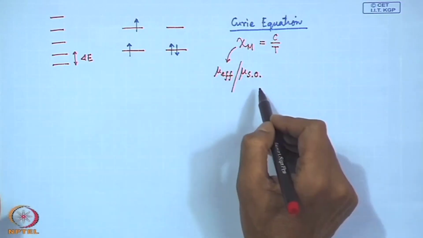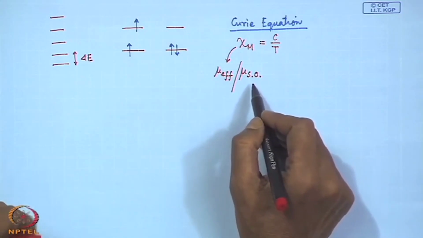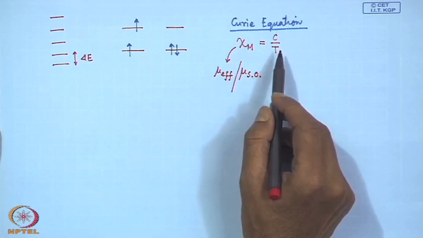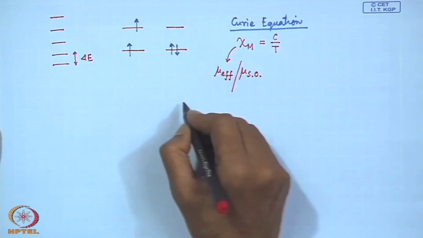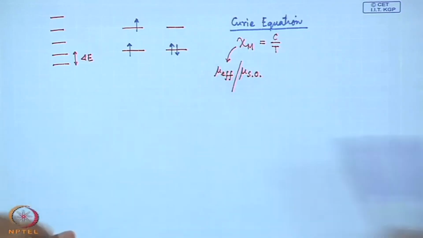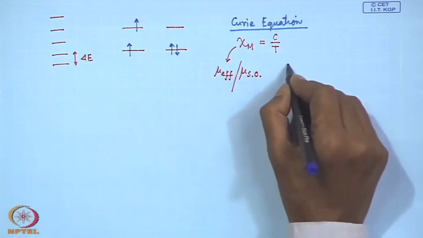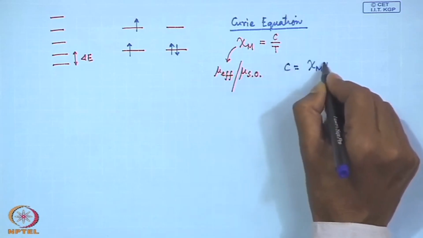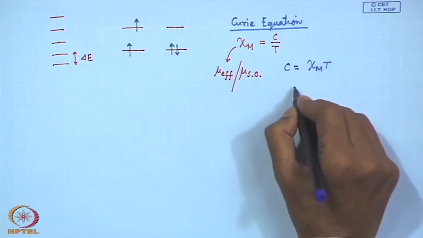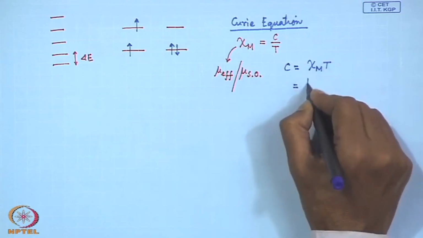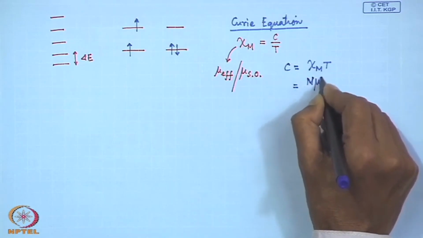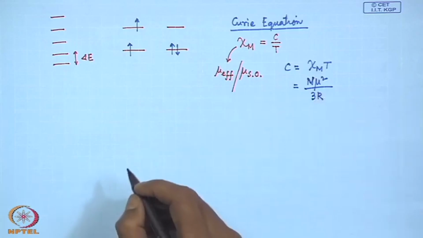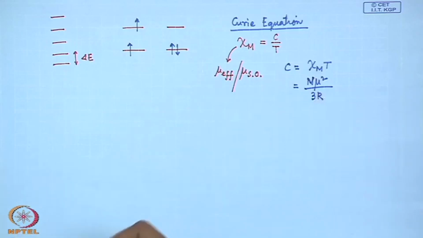So if we get that particular value for this C by T, and this C can be equated to chi m T, and this relationship also gives us the corresponding value for N mu square by 3k, where k is the corresponding Boltzmann constant.